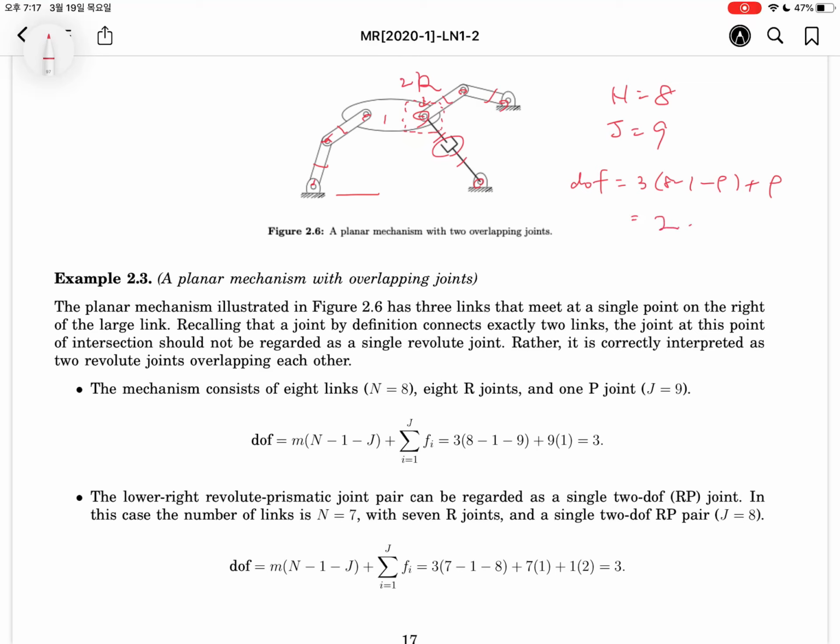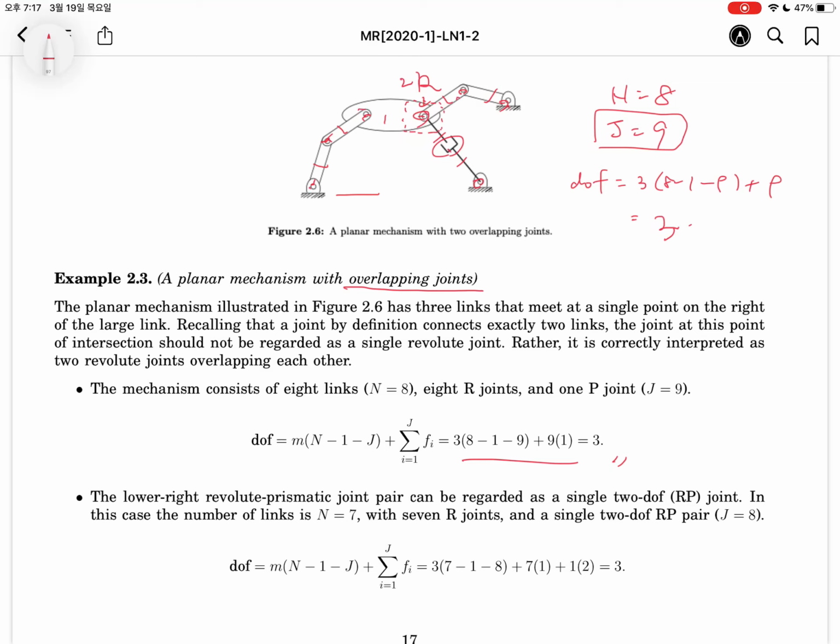It implies 2. I'm sorry, 3. Okay, 3. So this mechanism has 3 degrees of freedom. Here we should notice that the overlapping joint should be counted in the J.